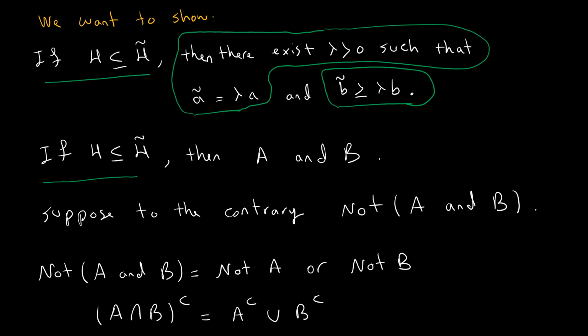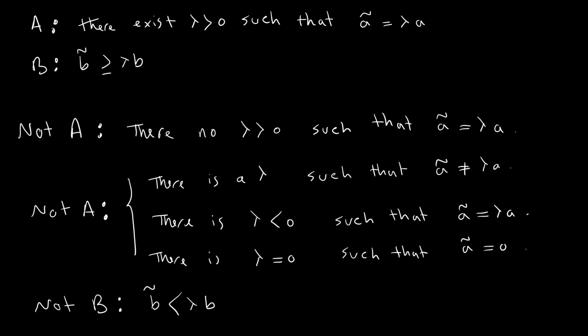picking contradiction methods. So suppose to the contrary, not A and B. Not A and B means that not A or not B. That means negate A and negate B. This is coming from the De Morgan law, and I will show you in next slide what happens when we negate A and B. Okay, we want to prove this by contradiction.